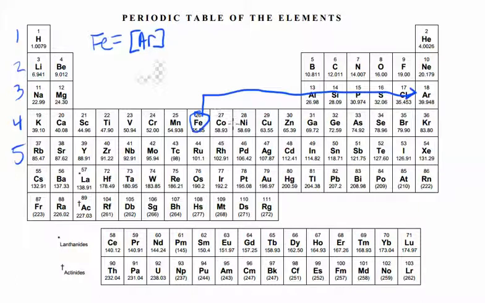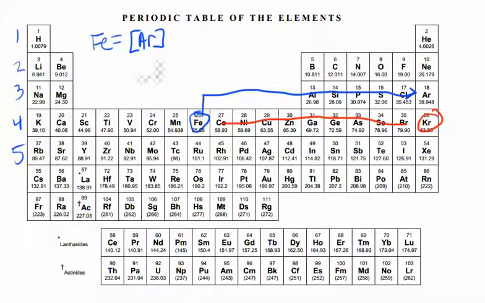Now, the question is, why don't we just go to the end and use krypton to abbreviate iron? Well, krypton has an atomic number of 36. It's got 36 electrons, more electrons than iron has. So we can't use something that has more electrons to abbreviate iron.